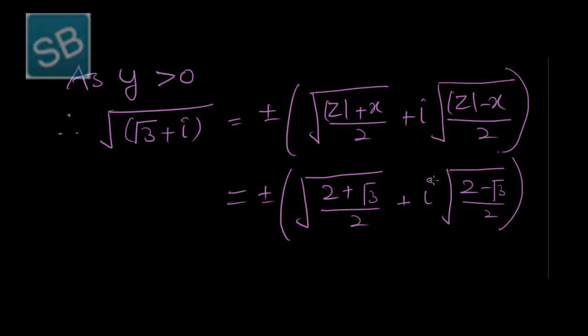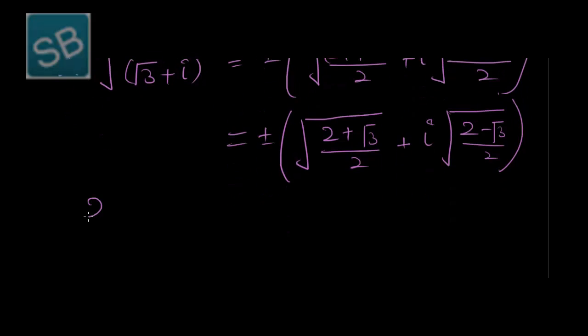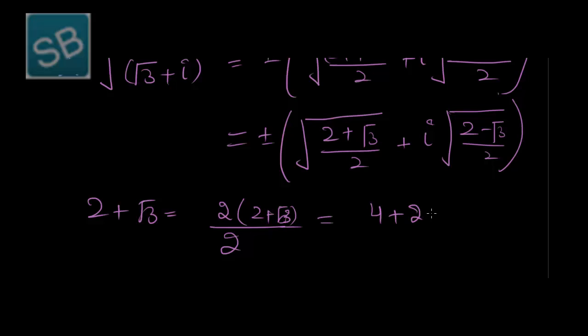So this, looking wise, is very complicated, so we can simplify it. We know that 2 plus root 3, if you multiply and divide by 2, becomes 4 plus 2 root 3 over 2.